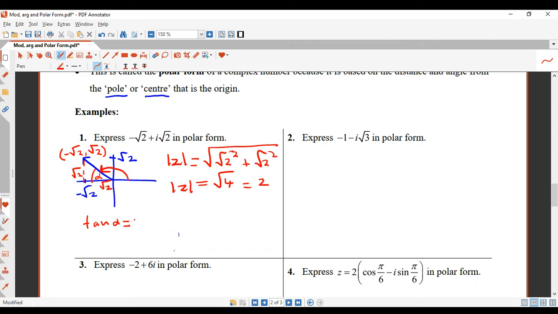So tan alpha will be root 2 over root 2, which is just 1. And that means alpha will be pi on 4. Once I've got that acute angle of pi on 4, I can then work out that the arg of z will be pi minus pi on 4, which equals 3 pi on 4.